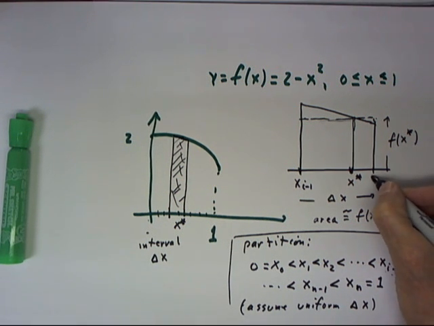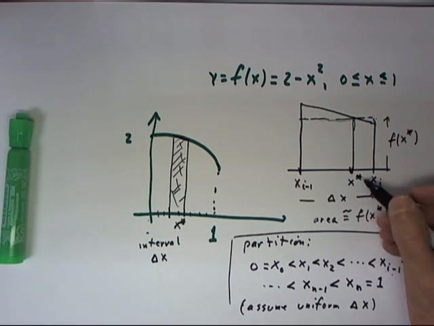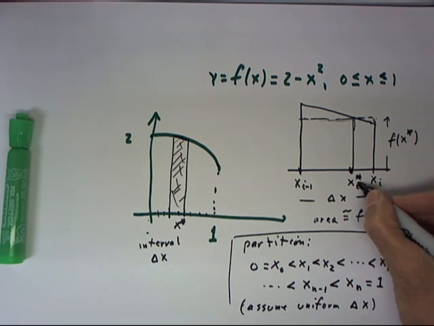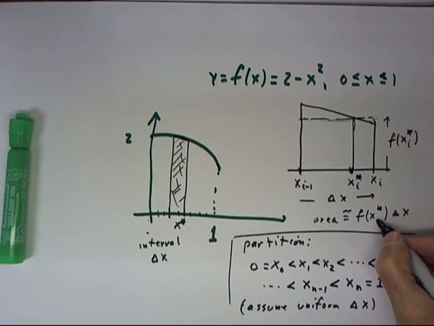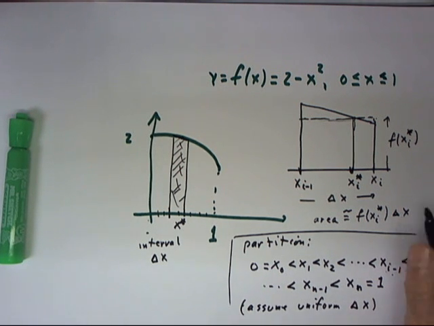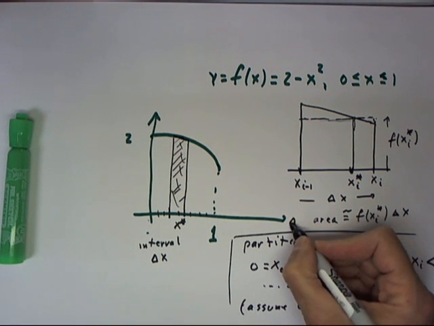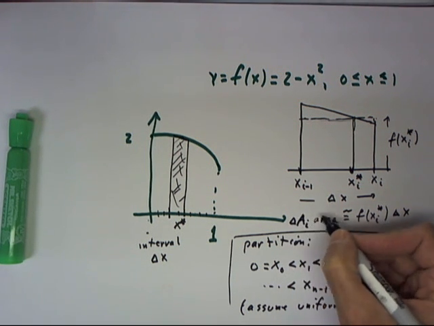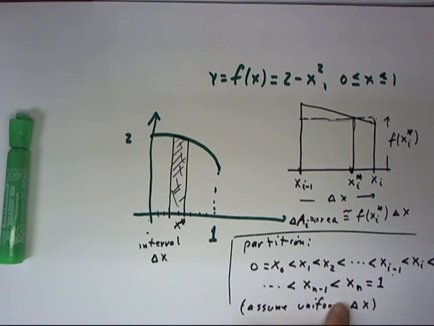The right-hand endpoint of the subinterval would be x sub i, and our sample point is going to be denoted by x sub i star, and the area is then going to be f of x sub i star times delta x. That'll be our approximation to the area, and we'll call that delta A sub i, the area corresponding to the ith subinterval of this partition.